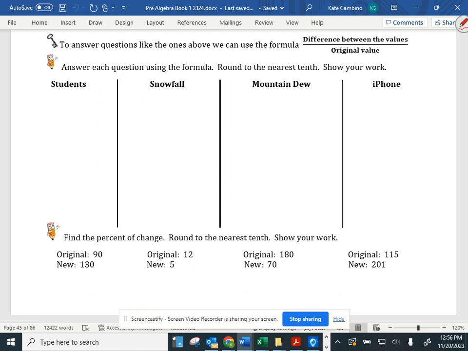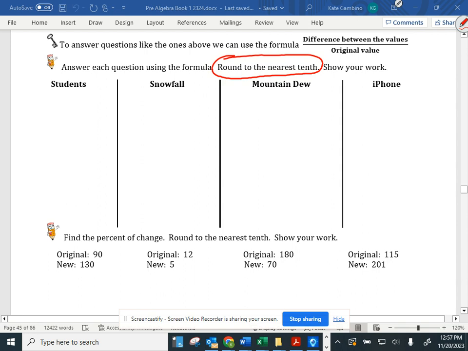Now, on the math packet, I've had multiple people come up to me and say, what are we supposed to round to, Mrs. Gambino? Should we just give the whole number or should we round? And I said, let's look at the directions, because in the directions on our math packet, it said to round to the 100th place. Look at today's directions.